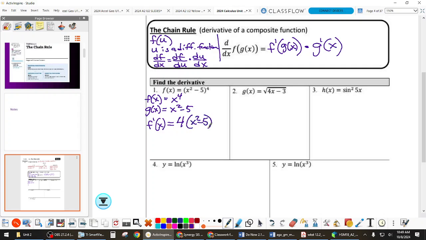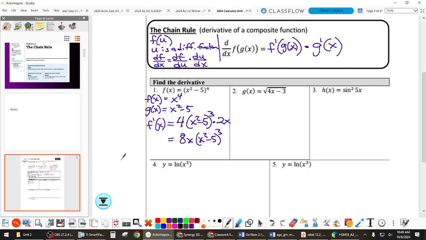So x squared minus 5 to the third. So we keep g inside of it as if it was the x. All right, and then times, now we can differentiate g of x, which is 2x. And we could clean that up just a little bit by saying 8x, x squared minus 5 cubed. How's that feel?